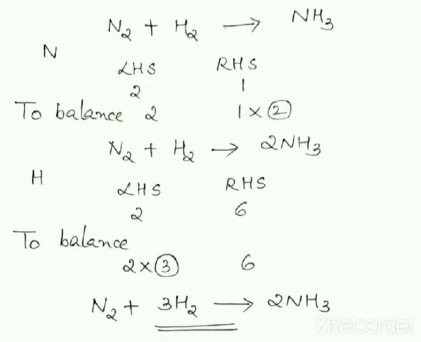And in 2NH3, 2 into 3, 6 atoms of hydrogen will be present. So the number of atoms of hydrogen is 6 on both sides of the equation. The number of atoms of nitrogen is 2 on both sides of the equation. Thus the equation is balanced: N2 plus 3H2 gives 2NH3.